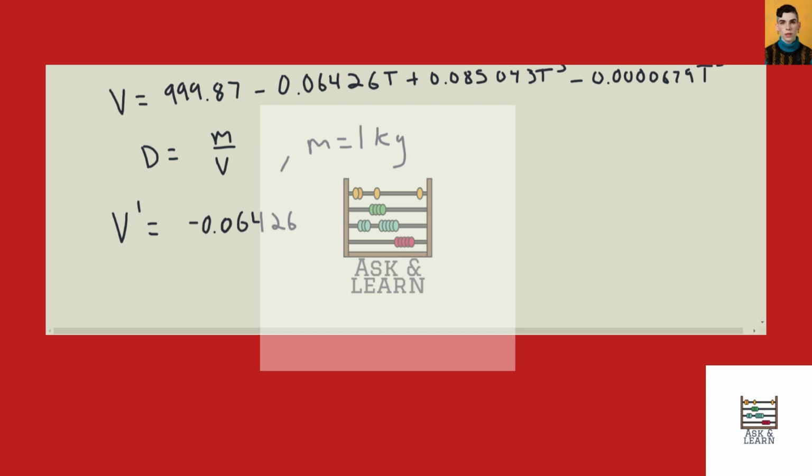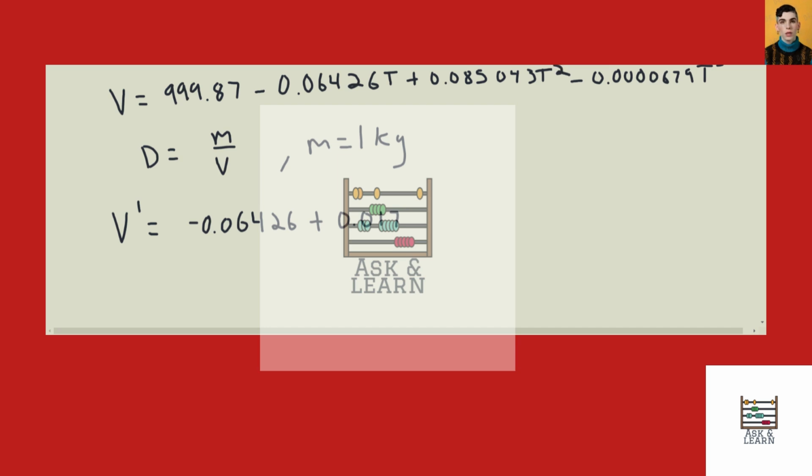Okay, and then we have it being added to 2 times our 0.0085043, which would be 0.017. Well, I'm sorry, this is a 3 here, a 2 here, not a 3.